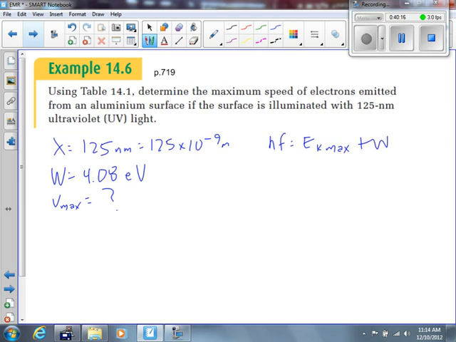If you recognize that you've got a photoelectric effect problem and you can't figure out in about 5 seconds which equation to use, then in the end you're probably going to end up using that one. So if you're not sure, go straight to that one, the one that doesn't appear on your data sheet. But my problem with that is I don't know what f is, nor do I even have Vmax in this equation. So what am I going to do?